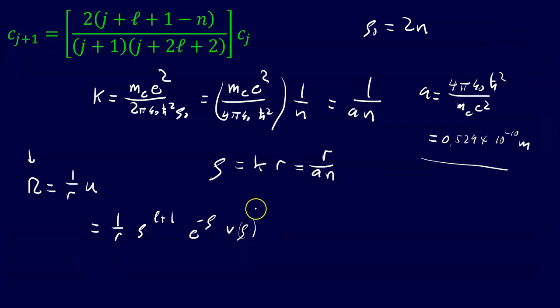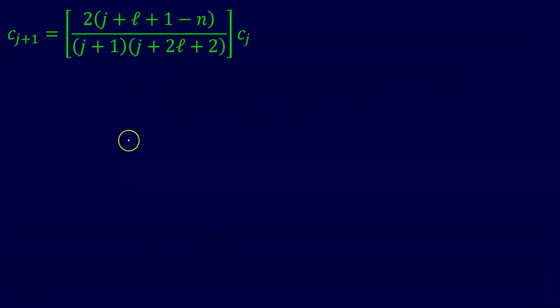And we're going to go through now, and attempt to write this out and show how to solve for the radial wave functions. All right, so let's show how this works. And so what we're trying to do here is this top part.